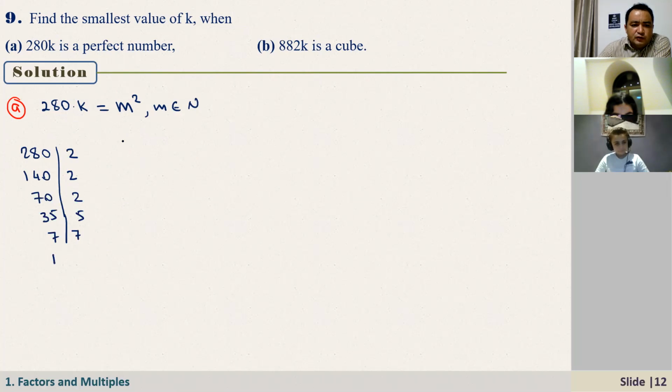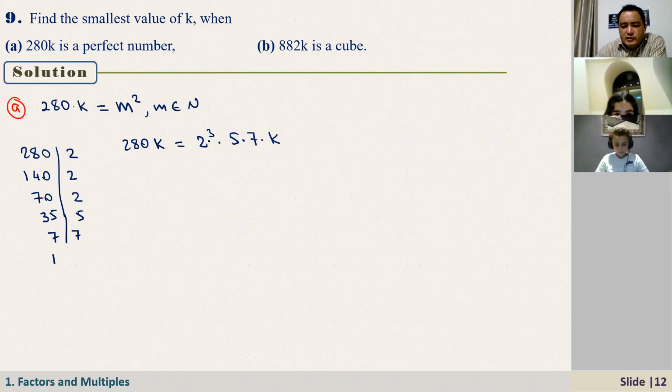So 280 times k, we can write it as 2 cubed times 5 times 7 times k. To be a perfect square, the indices must be even numbers.